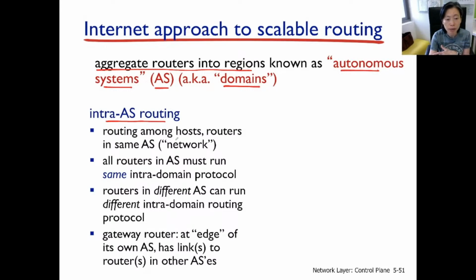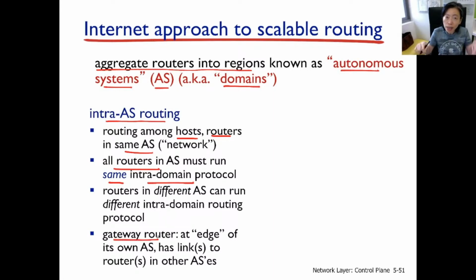It's the routing protocol running among all the hosts and routers in the same AS. All routers in the same AS need to run the same intra-AS protocol, while routers belonging to different ASs can run different intra-AS protocols. That is an independent, autonomous choice of the network admins individually.